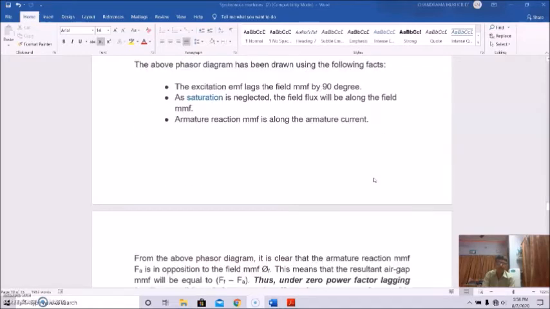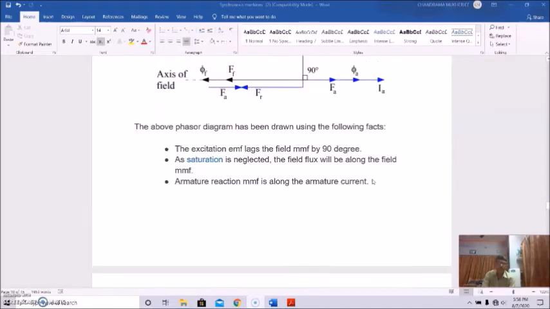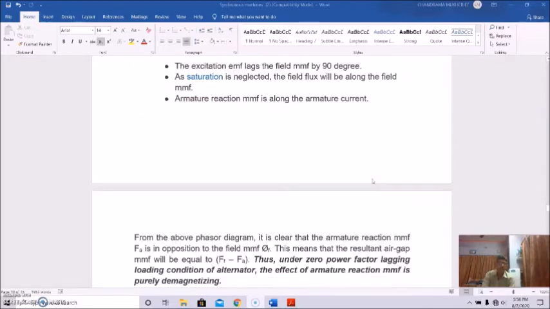Okay. So from this phasor diagram we are finding that the armature reaction MMF FA is in opposition to the field MMF, FF. This is the field MMF flux, FF.